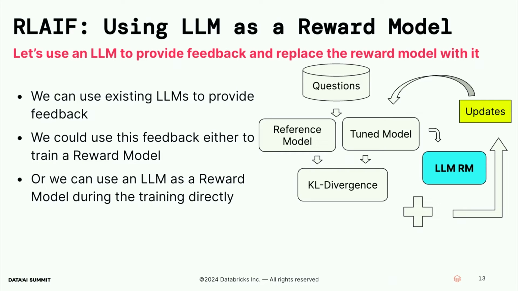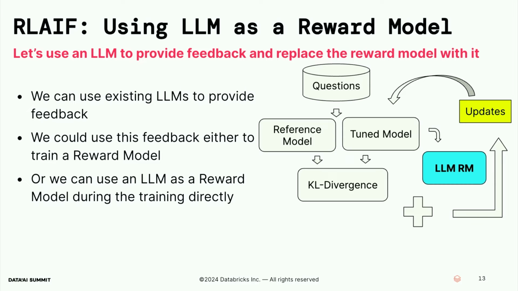So what we can do instead is use existing large language models, of course bigger ones, as the reward model. We can do different things. We can just use a large language model to calculate the preferences and then use that to train a reward model, or we can use it directly. In this project, we are using it directly.